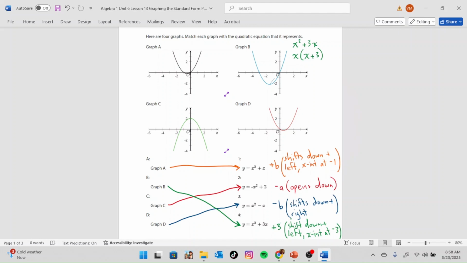So now you can see that if I'm looking for my x-intercepts or my zeros, then I'm going to have x equals 0, which puts it right here at the origin. And I'm going to have x plus 3 equals 0, which means x must be negative 3, which is my other intercept. That's why this downward left shift happens.